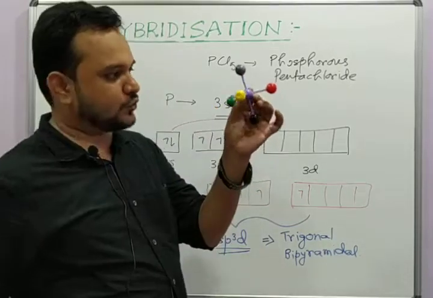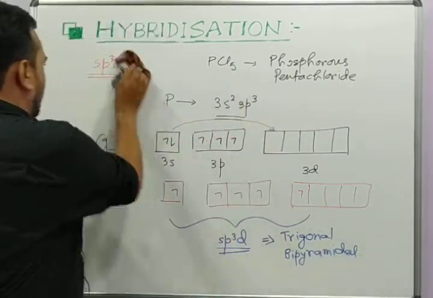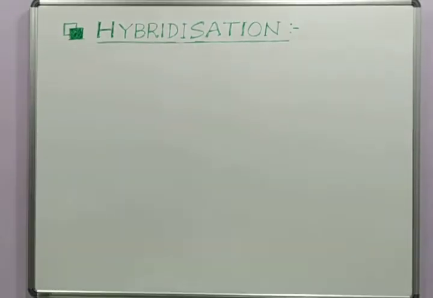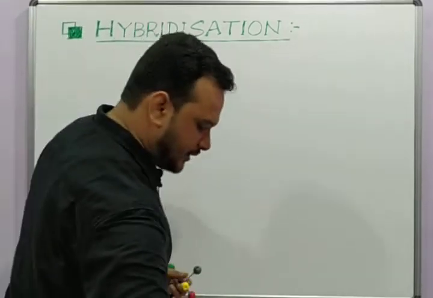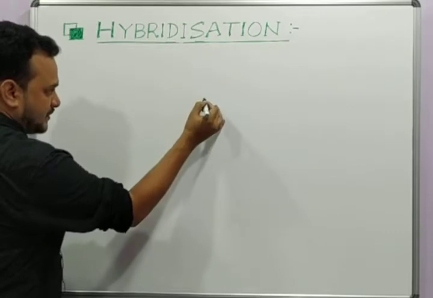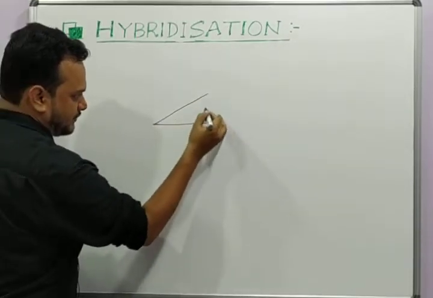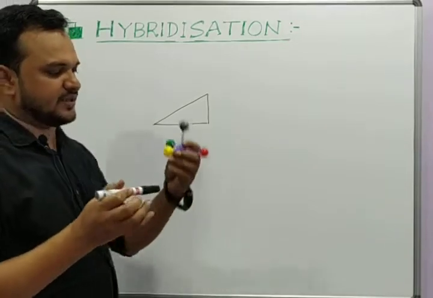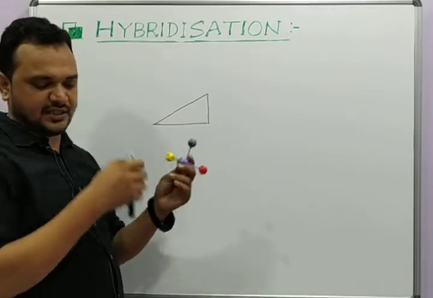So if I want to draw this molecule, then how will it look? It looks like this. First I am drawing the trigonal plane. So suppose this is the trigonal plane, right? And at the center of this trigonal plane there is phosphorus.